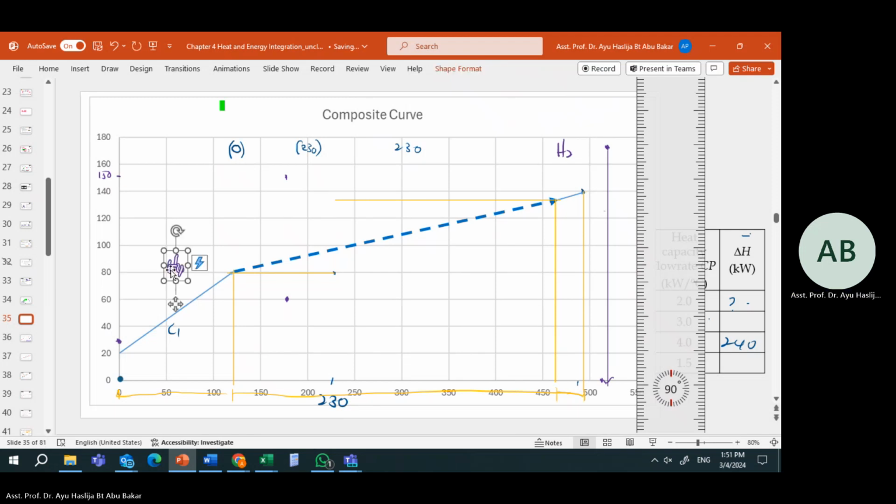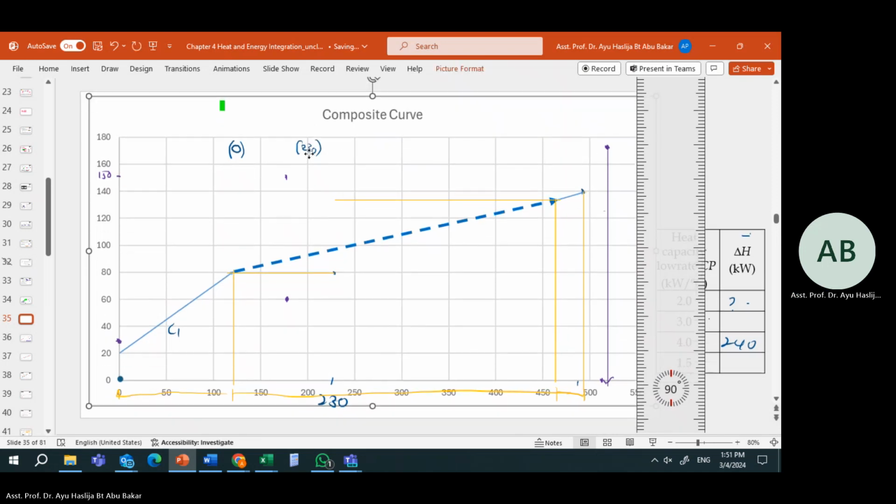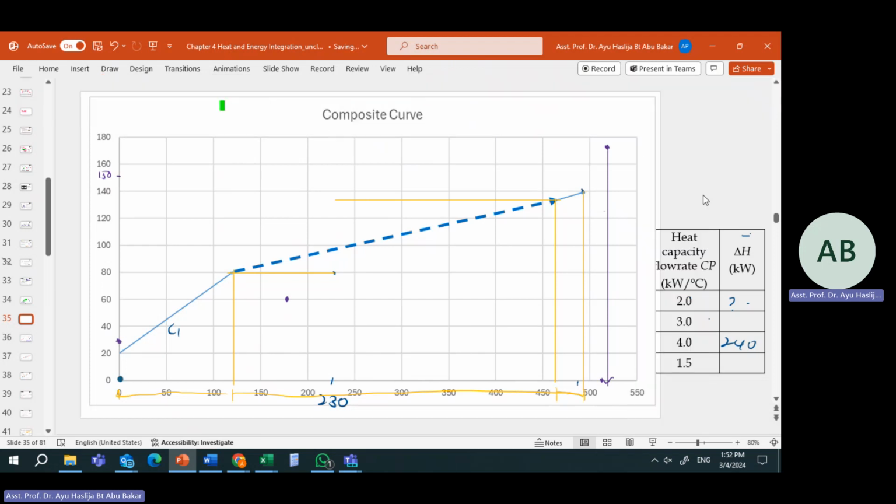Now we are done for cold stream. Combine both the cold stream. Something like this, the cold stream.